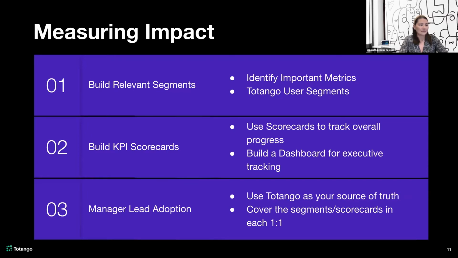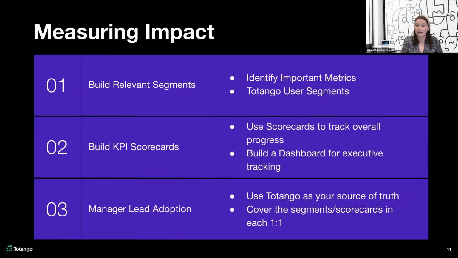And the second way is scorecards. So segments and scorecards go hand in hand with one another. So once we know what segment of customers we want to take a look at, we can actually even hone in further and create a really beautiful dashboard of those key KPIs. We see this being heavily used not only by teams to help keep your CSMs and team members in the know of what and how their accounts are progressing through the different journeys, but also we see this used very commonly to build a dashboard for executive tracking.